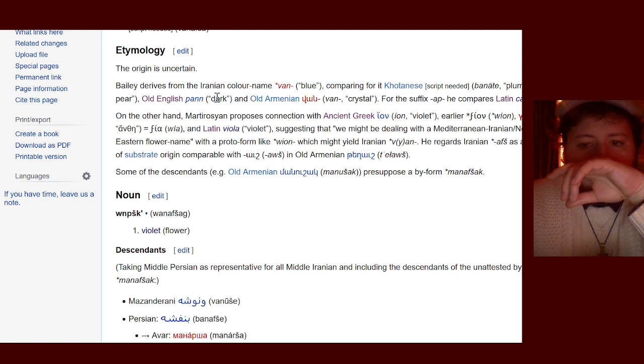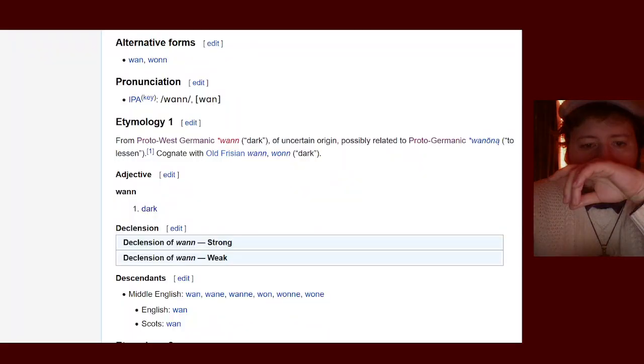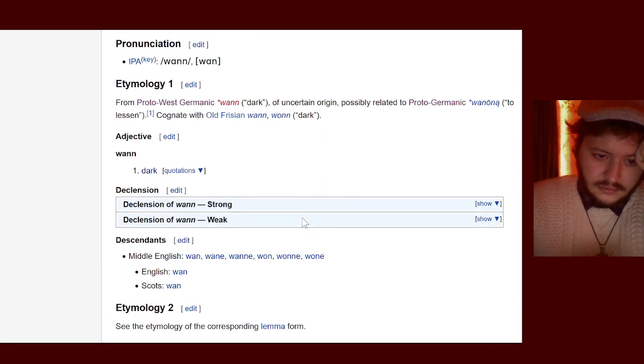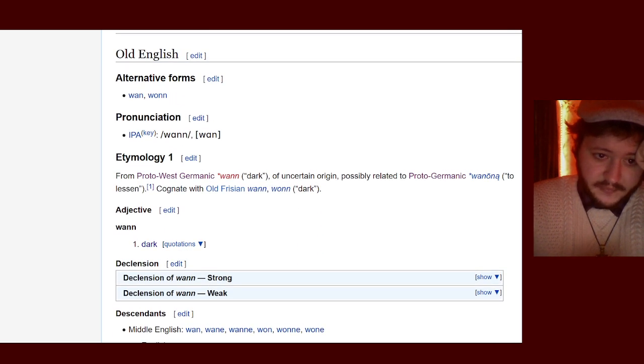Blue. Maybe related to one in Old English. Maybe. That wouldn't be completely impossible. But I always thought it was related to, yeah, like Wanona, to lesson, to Wayne, right? Interesting. But maybe it is related.